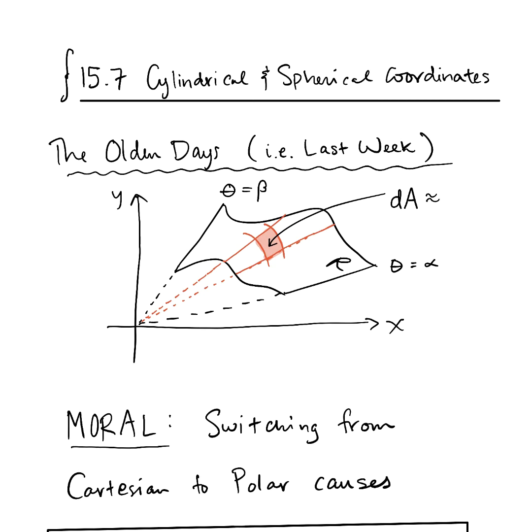And you can see on that little red patch, this dimension, well, that's part of a circle of radius r, distance to the origin, and angle, tiny change in theta. So that dimension right there is r times tiny change in theta.